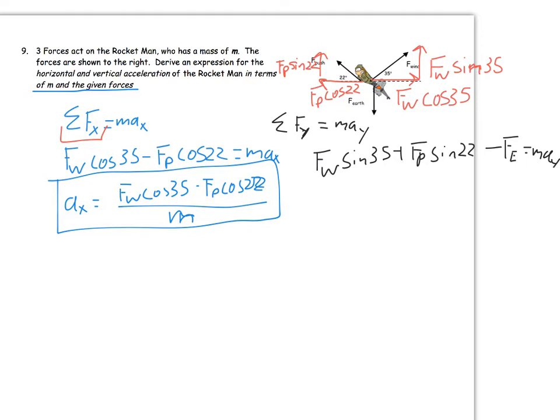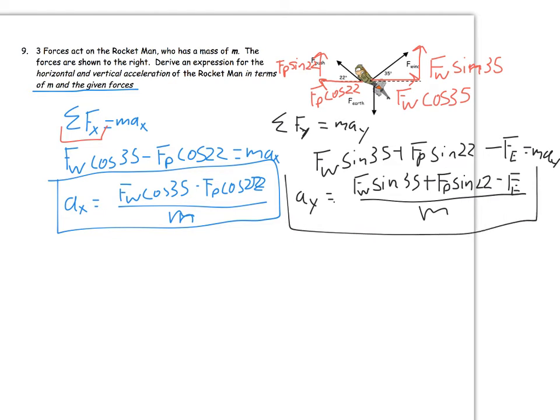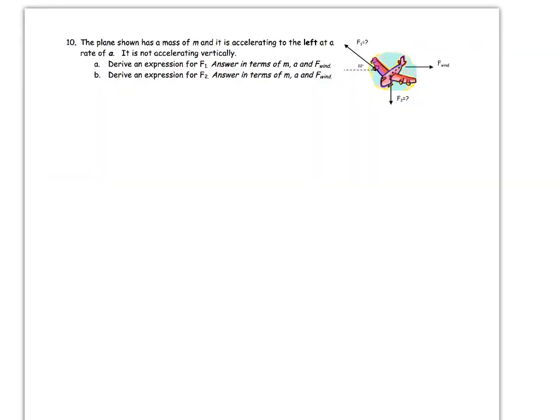Once again, solving for that acceleration, I get that ay is equal to force of the wind sine 35 plus that pushing force times sine 22 minus the force of earth all over my mass, which is just m. So there we have it, an expression for both the horizontal and vertical acceleration in terms of the forces and the mass.